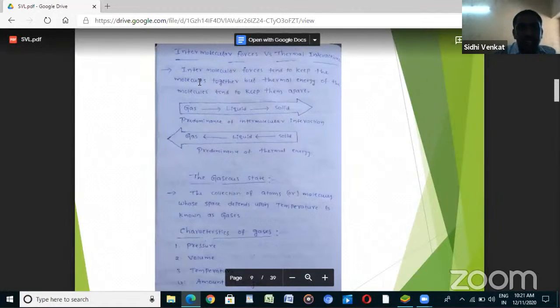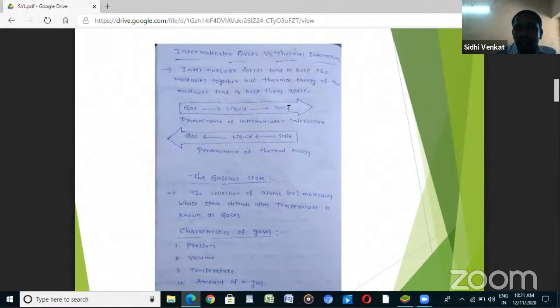Here, look at this. Gas to liquid and liquid to solid. On this side, these are moving in the forward direction. Here, look at this: the predominance of the intermolecular interaction. Intermolecular interactions move in the forward direction, and thermal energy moves in the backward direction. In intermolecular forces, gas molecules tend to become liquid, and liquids become solid in the forward direction. In thermal energy, in the backward direction, solid becomes liquid and liquid becomes gas.